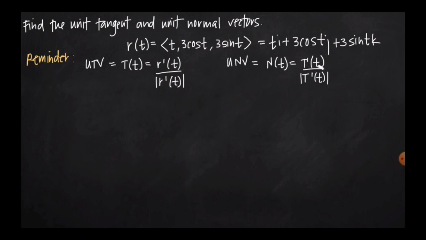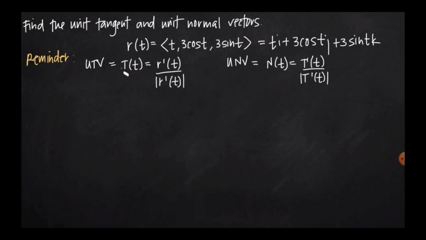And it's really important to realize, of course, that the unit normal vector we're going to find with the unit tangent vector. So notice we have the derivative of the unit tangent vector and the magnitude of the derivative of the unit tangent vector. So obviously we're going to need to find the unit tangent vector before we can find the unit normal vector, since we use the unit tangent vector in the formula for the unit normal vector.